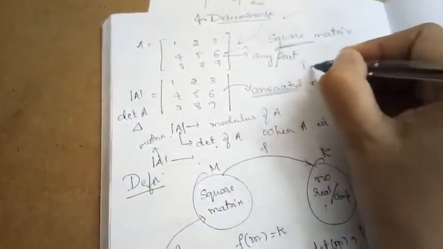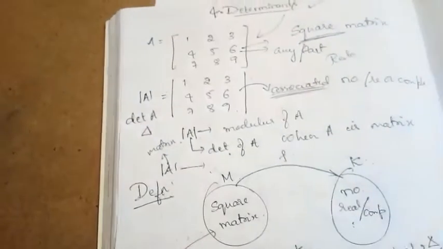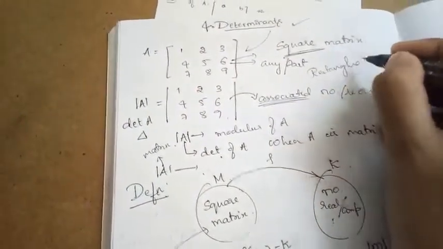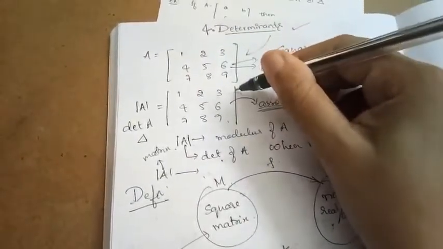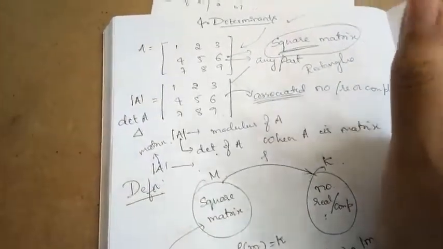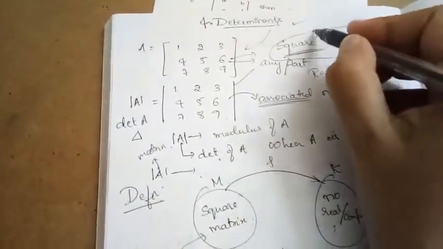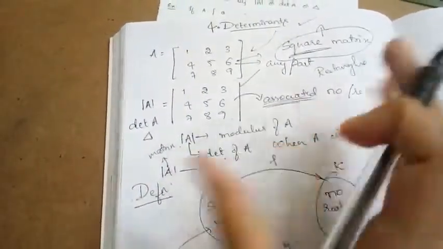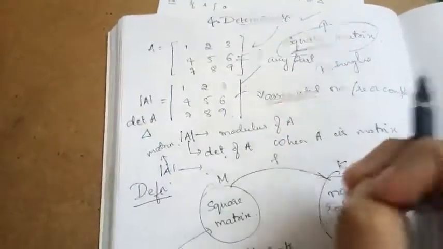For a rectangular matrix it is not possible to get a value. So keep in mind that the determinant function is applied on the set of square matrices. As I said earlier, the square matrix is the king of this matrix as well as the determinant. So in determinants, if we are talking about any determinant, it means find the determinant of this matrix.